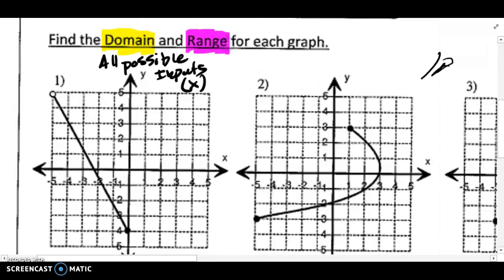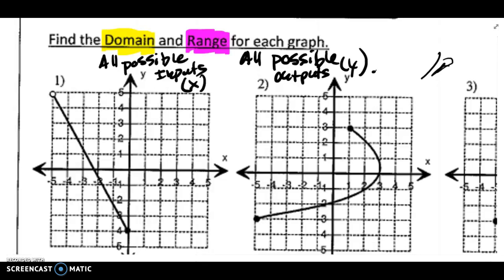Range is all possible outputs, or the y's, okay? And this is something that we do all the time. So whenever we think about all the possibilities of something, that is domain and range.